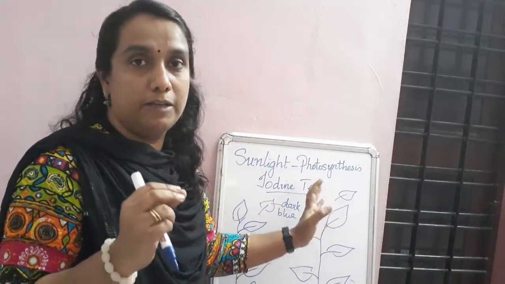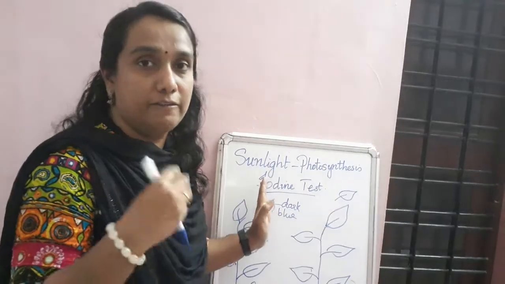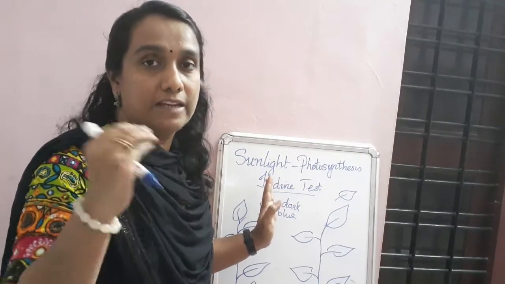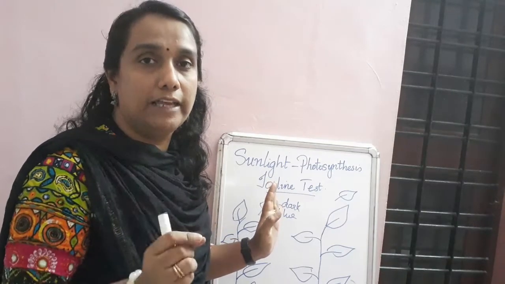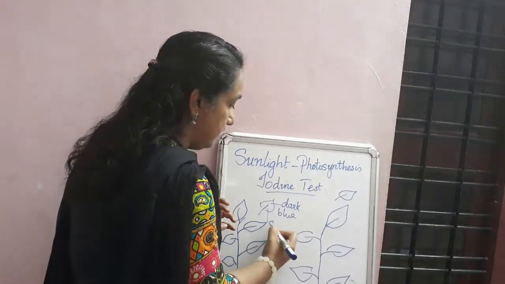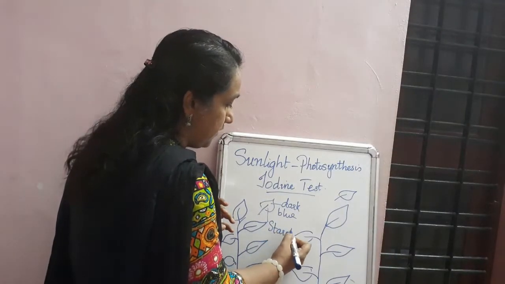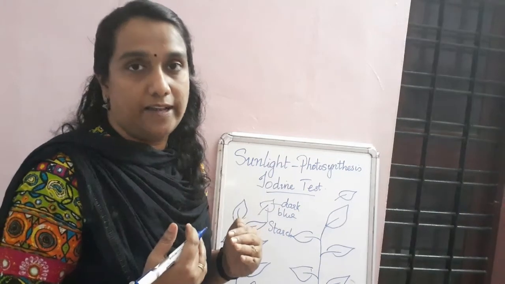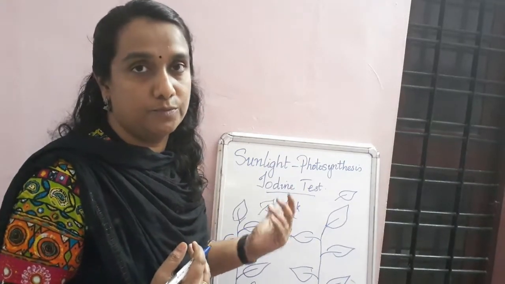Why? Because the green plants, after photosynthesis, produce starch. Starch, when it reacts with the iodine solution, gives blue color. So starch will be present in the plant which we kept in the sunlight. Hope it is clear to you.